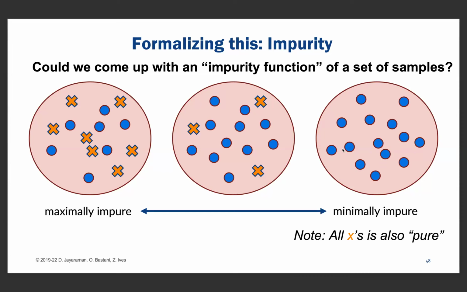Not in the common sense, but in the sense of information theory in computer science, because in the minimally impure case we get the maximum information about what is inside our system.